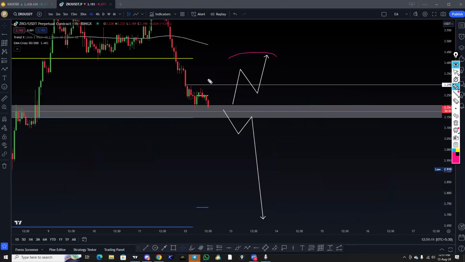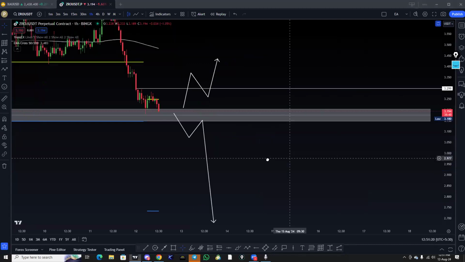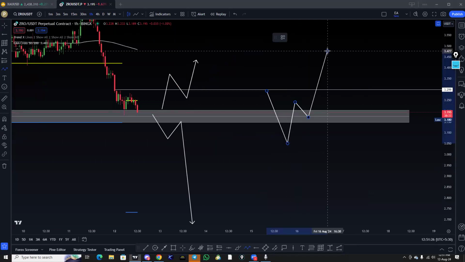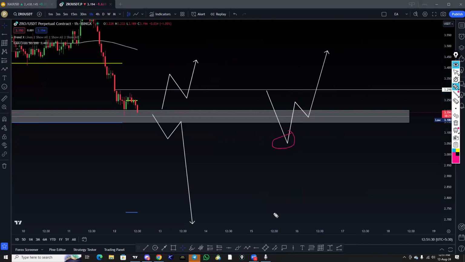To not confuse traders, they don't put too many lines here. You got my point? We can put this also: it'll give a fake breakout, enter into your zone again, and they'll manipulate everyone like this. So this is also possible.